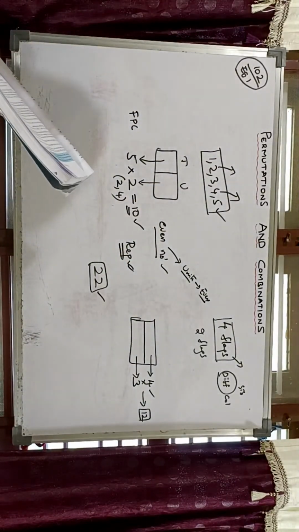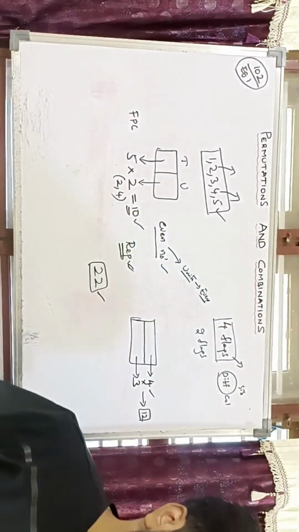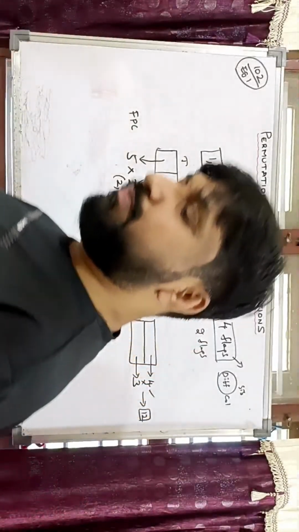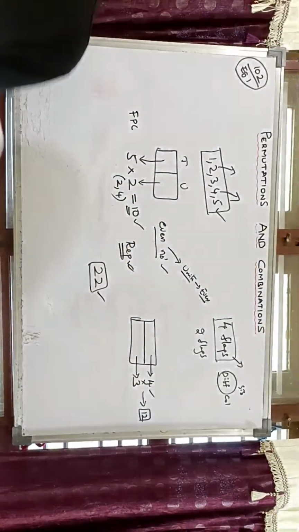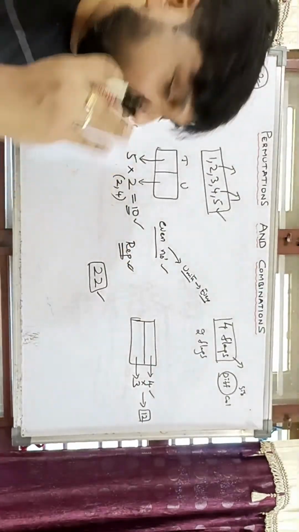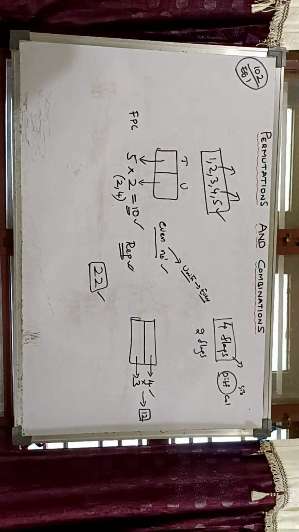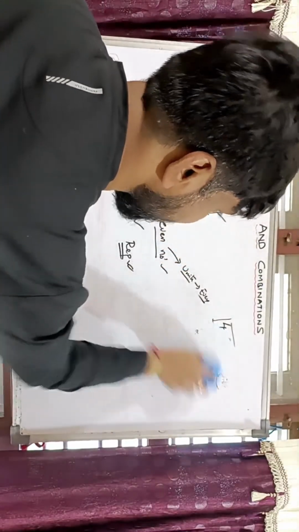Next, the fourth question is: find the number of different signals that can be generated by arranging at least 2 flags in order on a vertical staff if 5 different flags are available. This question is a bit dangerous. Why? Because in the question they mentioned at least 2 flags.